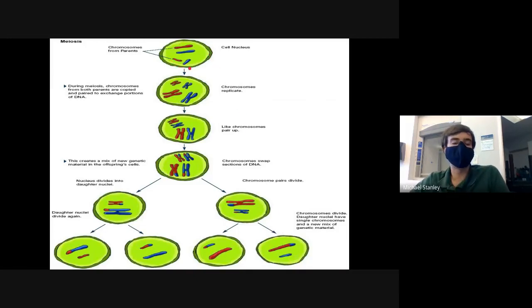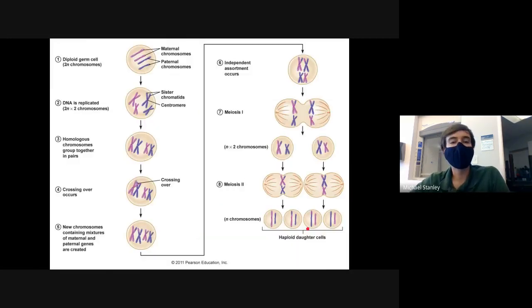We start off with a diploid cell with 46 total chromosomes, and now we have haploid cells that only have 23 total chromosomes. Again, each one of these haploid cells is different from the others. None of them are the exact same, which is something that's different in meiosis versus mitosis.